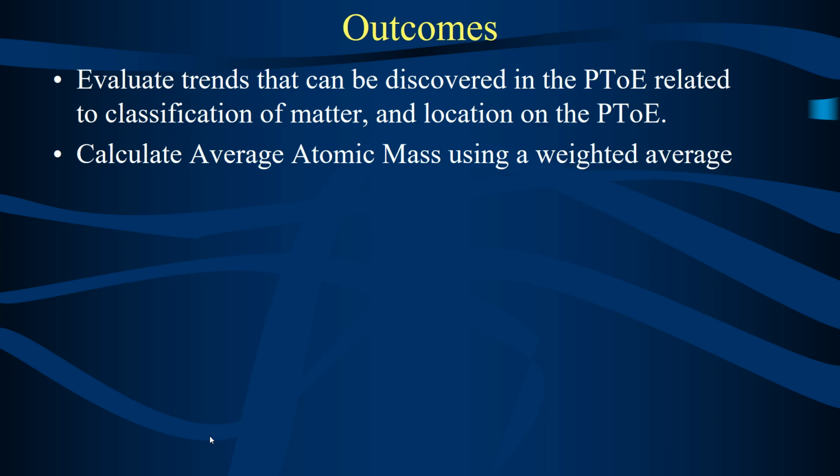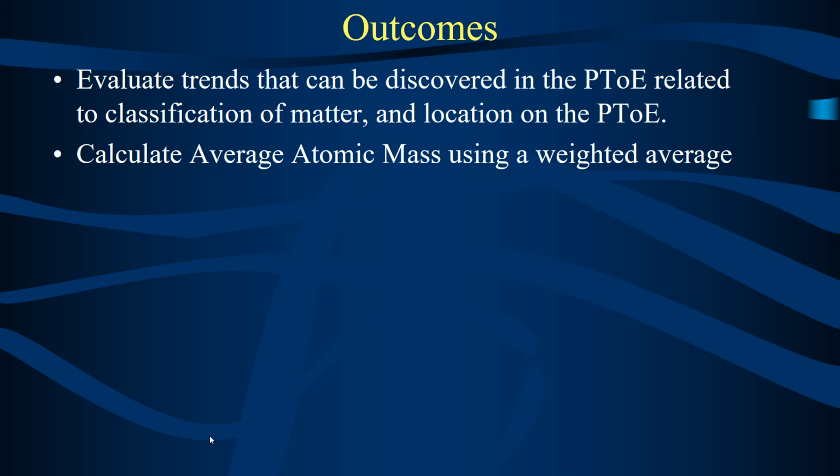we're looking at how we arrive at the number for the average atomic mass. All right, so it's basically calculating a weighted average, just like if you were to calculate your grade in this class, knowing that formative grades are worth 40%, summative grades are worth 60%, and you average them out and get the weight.